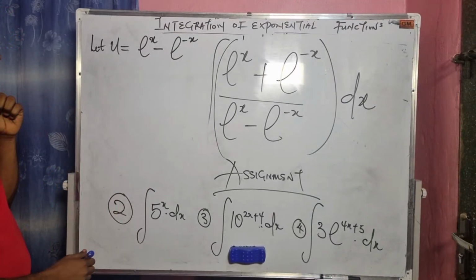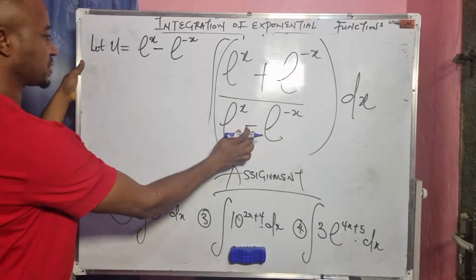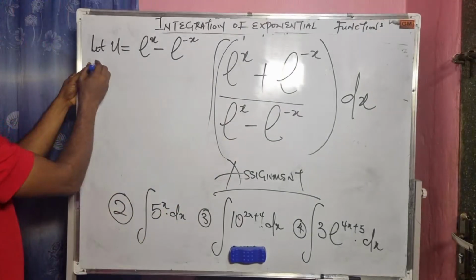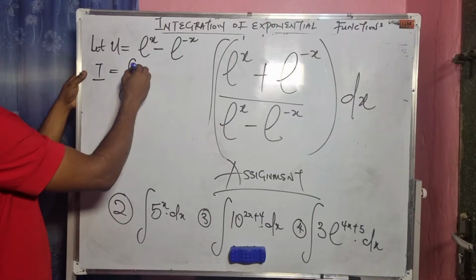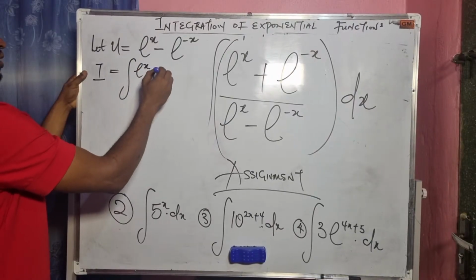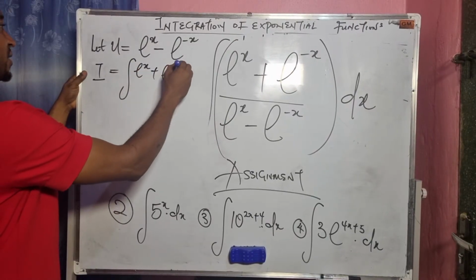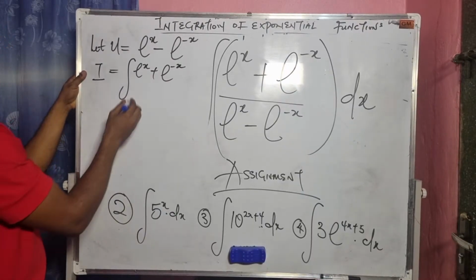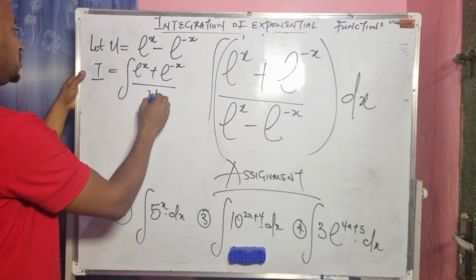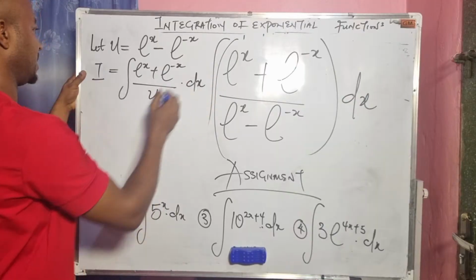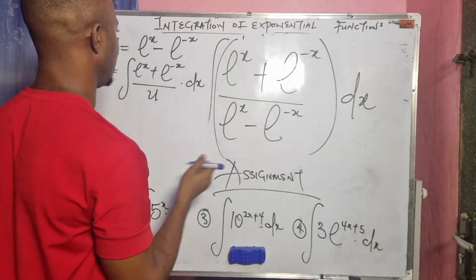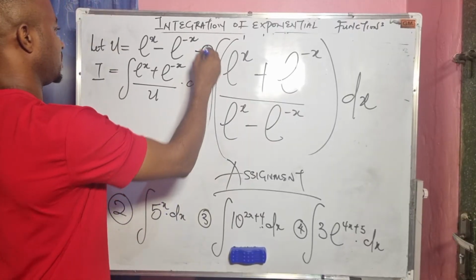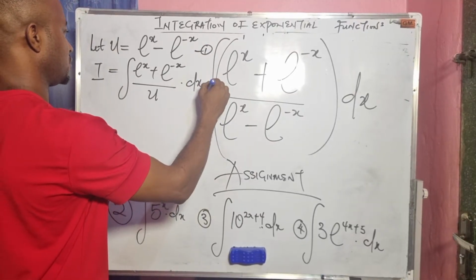If u equals this, that means our integral I equals the integral of e to the x plus e to the minus x, divided by u, dx. This is our equation 1. This is our equation 2.